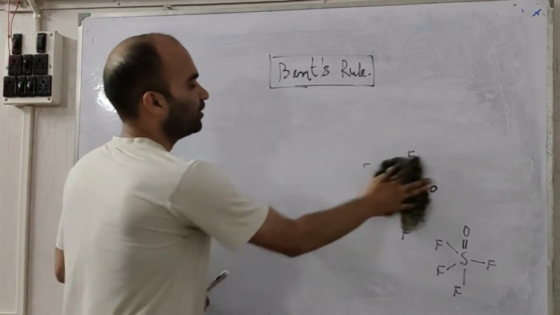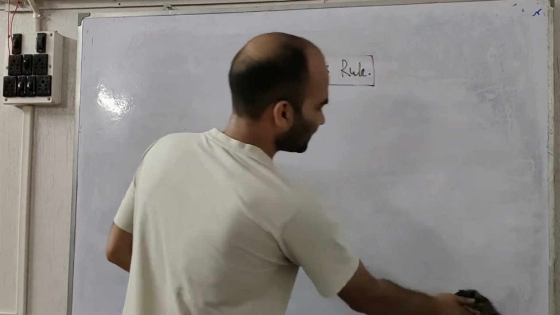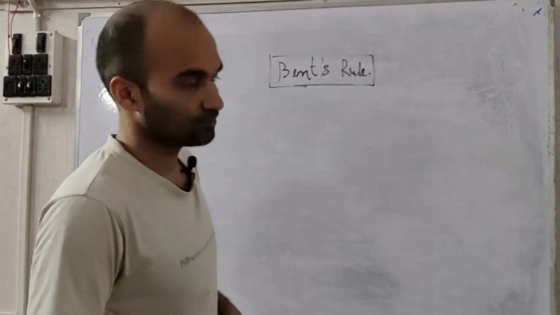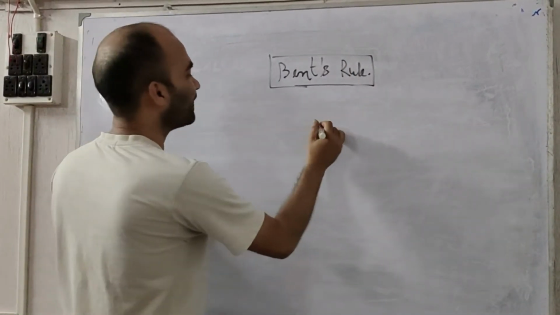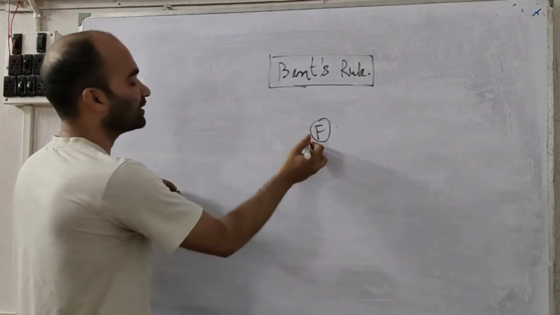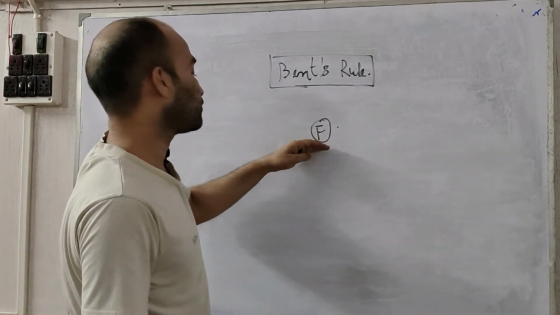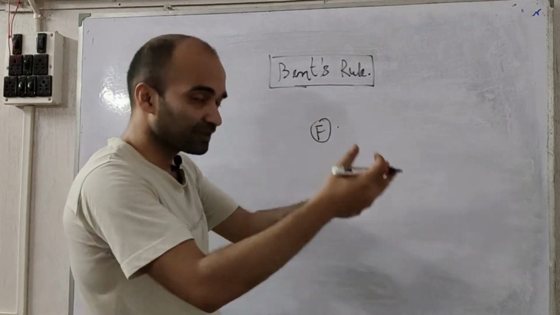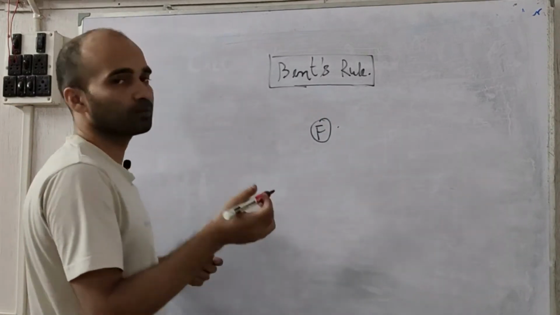When we talk about an electronegative atom, it has its own character to pull the electron density towards itself of the bond.